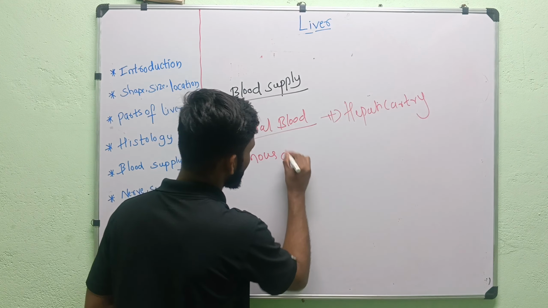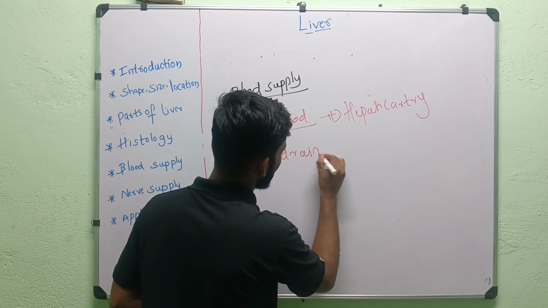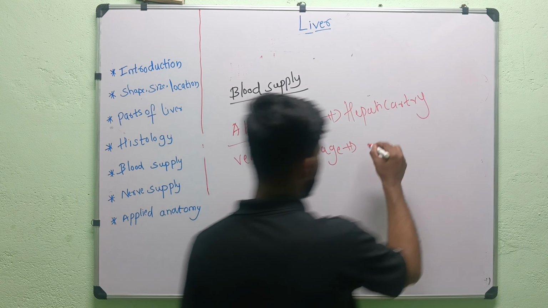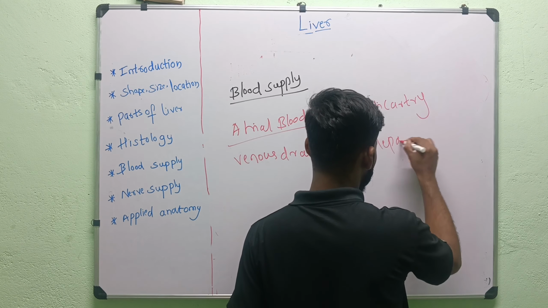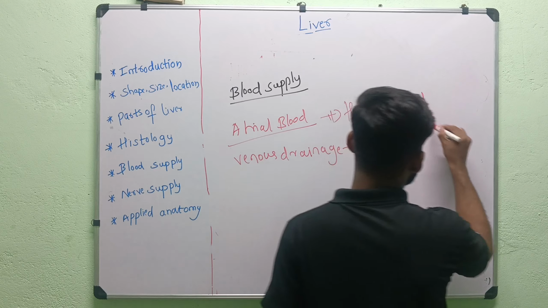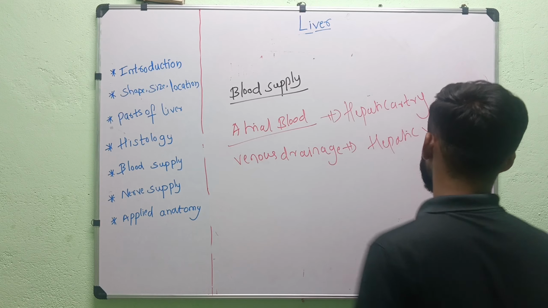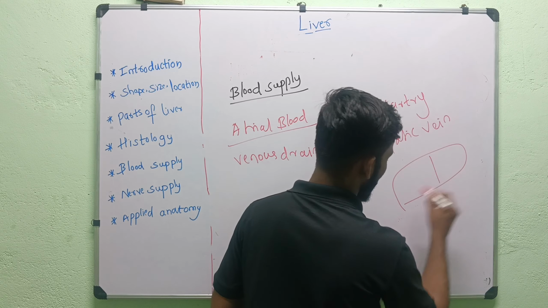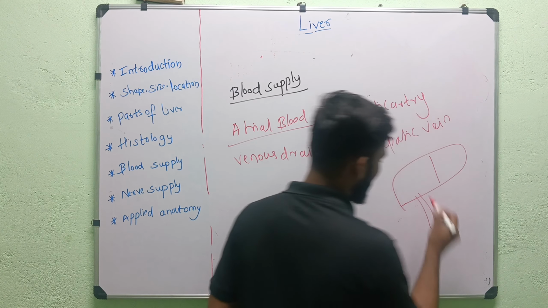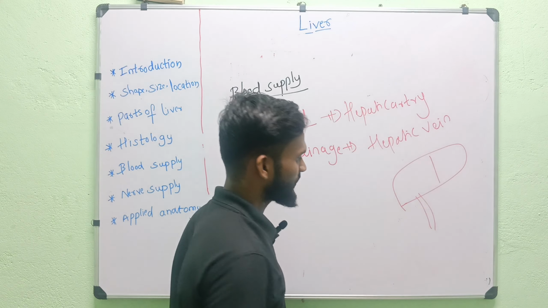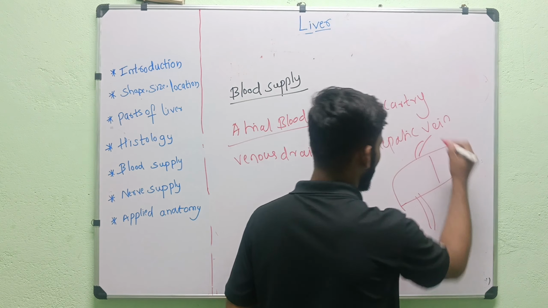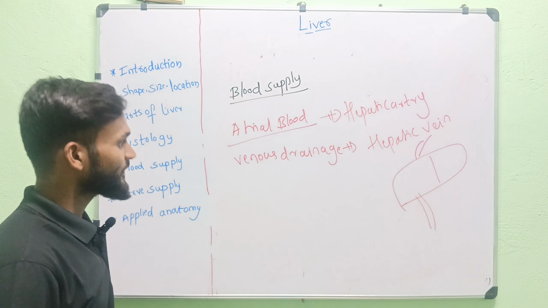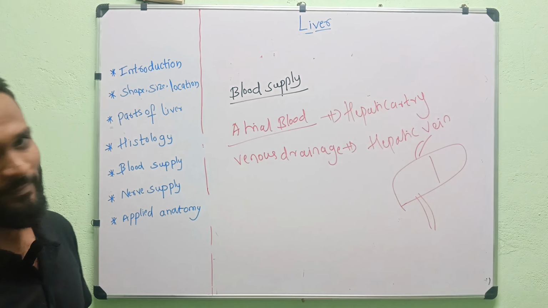What does venous drainage mean? The unpurified blood comes out from your liver through a specialized vein, the hepatic vein. The hepatic artery supplies the purified blood for the proper functioning of your liver, and the hepatic vein carries the deoxygenated or unpurified blood from your liver. It is all about the blood supply.